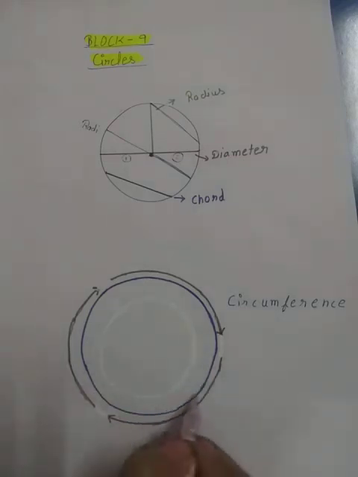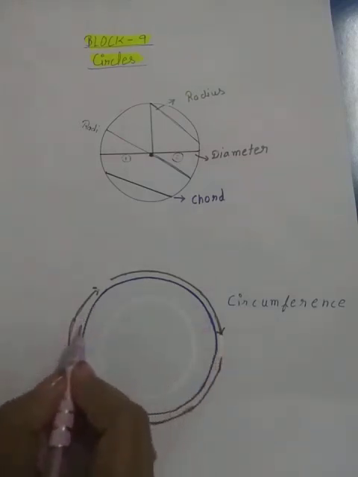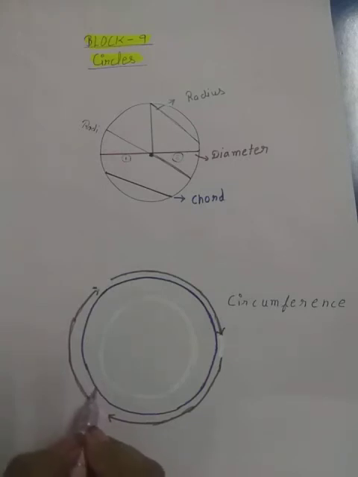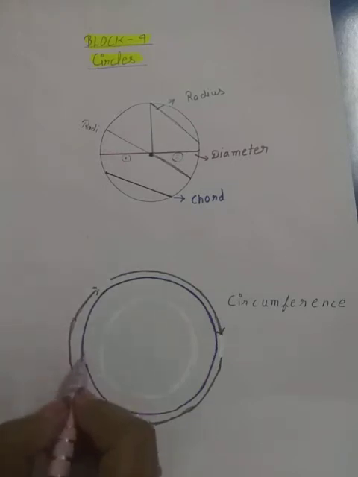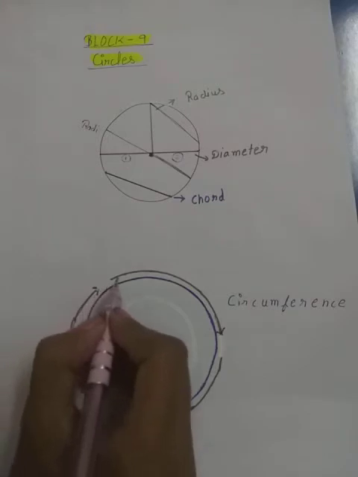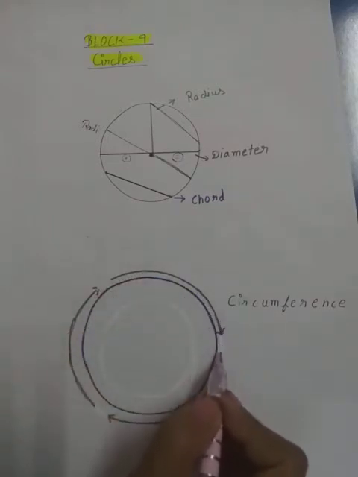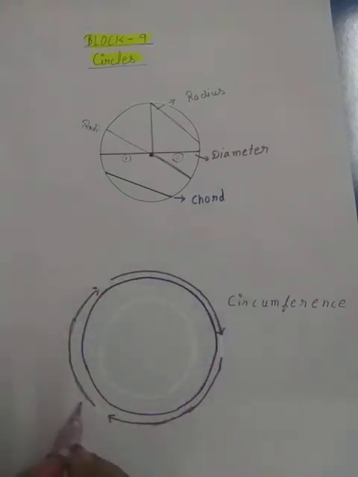This one is our circle. The blue line is our circle. And the outer part or around of our circle will be called the circumference.